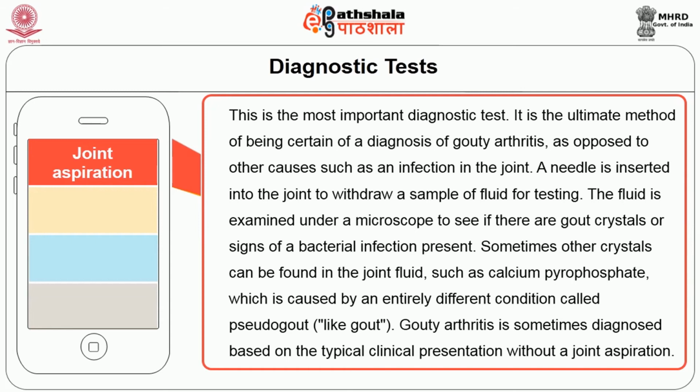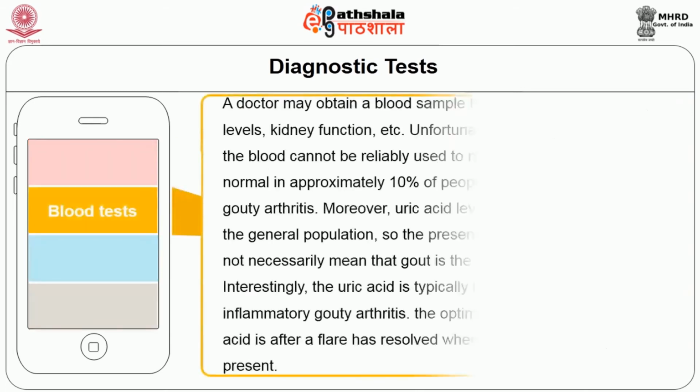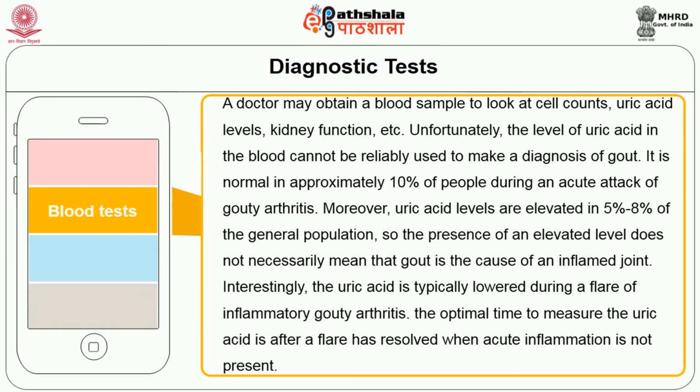Blood tests. A doctor may obtain a blood sample to look at cell counts, uric acid levels, and also to check the kidney function. Unfortunately, the level of uric acid in the blood cannot be reliably used to make a diagnosis of gout.